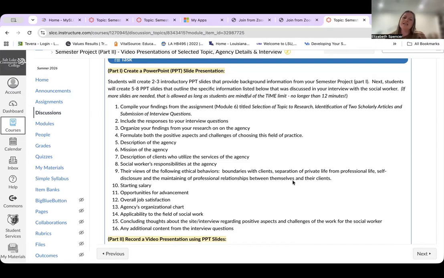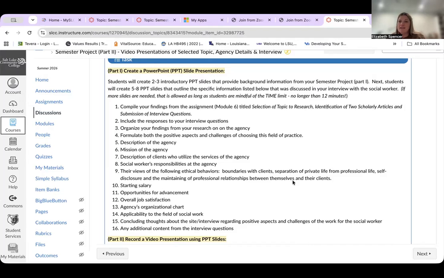Also, you might ask for, let's say it's an inpatient substance use treatment clinic, and ask maybe what's the process of a client receiving treatment, kind of step 1, step 2, step 3, or week 1, week 2, week 3 sort of a process.